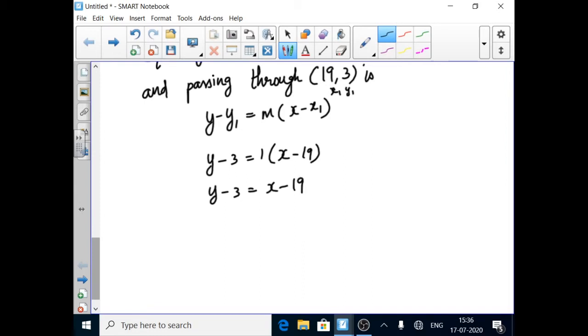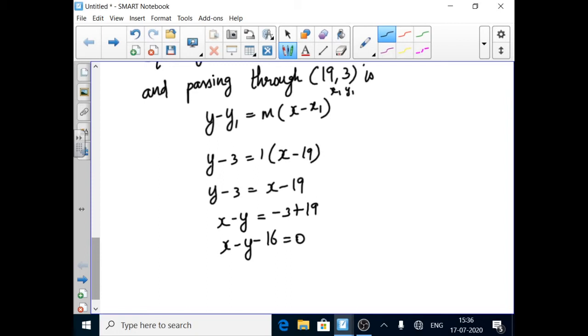Take all the values, that is the y value goes to the opposite side. So x minus y is equal to, the 19 will come to the opposite side, so plus 19. So x minus y, that is plus 16. So minus 16 equal to 0.